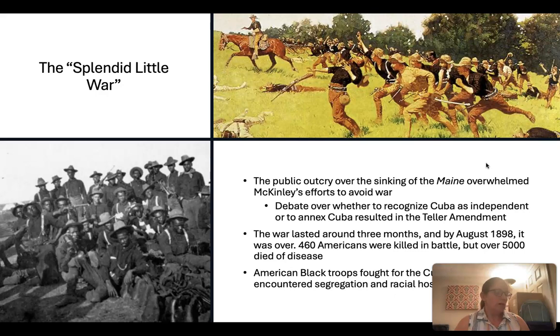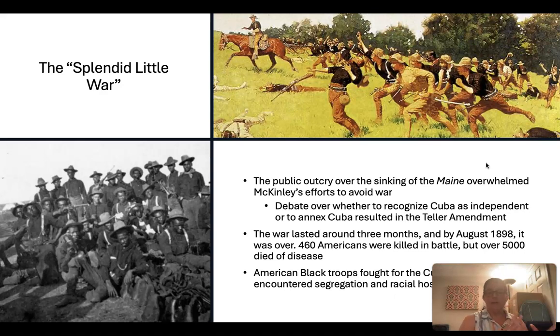One soldier wrote, "At last we have taken up the sword to enforce the divine rights of a people who have been unjustly treated." But as Black soldiers traveled through the South toward training camps, they encountered a lot of segregation and occasionally violence. Racial tensions continued in Cuba.